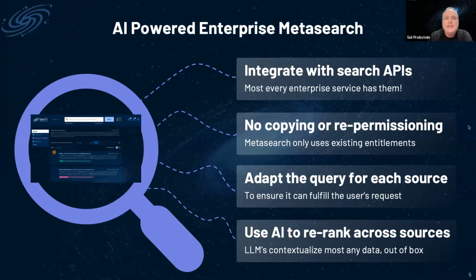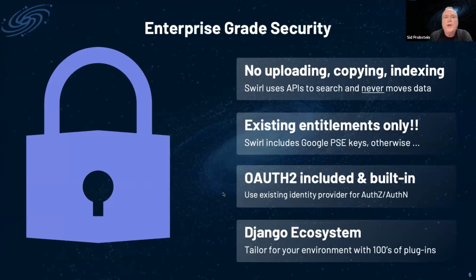Now, that sounds pretty good, but you might worry about the security angle. Well, Metasearch fundamentally observes the zero trust model. As a result, it is really enterprise grade. There's no uploading, copying, or indexing. You don't have to put any data in it. Swirl Metasearch only connects to existing APIs, doesn't want to move any data. It doesn't have any way to accept your data.